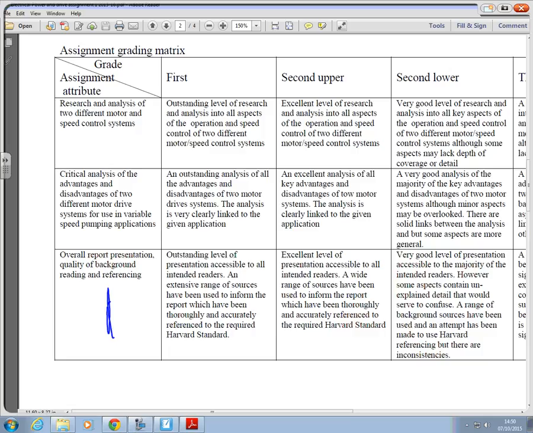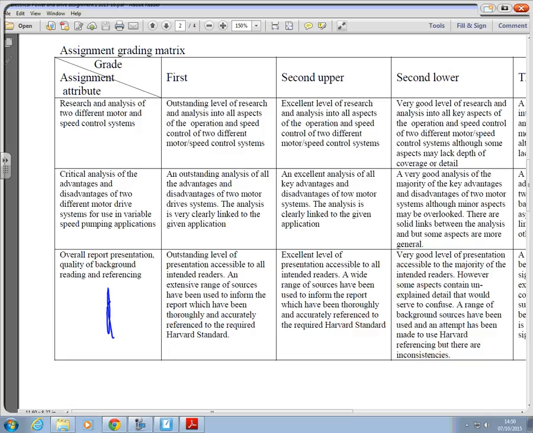And the way I like to try and describe it is: 2-1, excellent level of research and analysis, an excellent analysis of all the key advantages and disadvantages. That student's done everything you might have expected given what you've taught them and what you thought you were going to get when you wrote the question. Yeah?